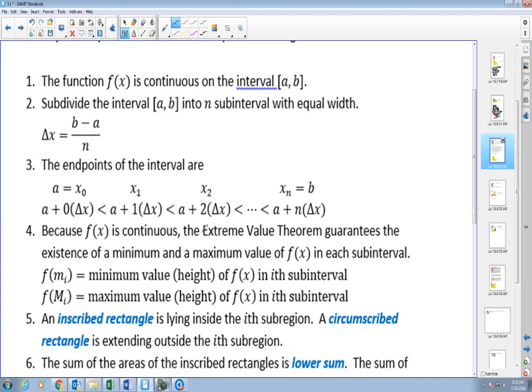We can go 1, 2, 3, 4 all the way to n, however many subintervals we have, because the last one, x of n, is equal to the very end of your closed interval.